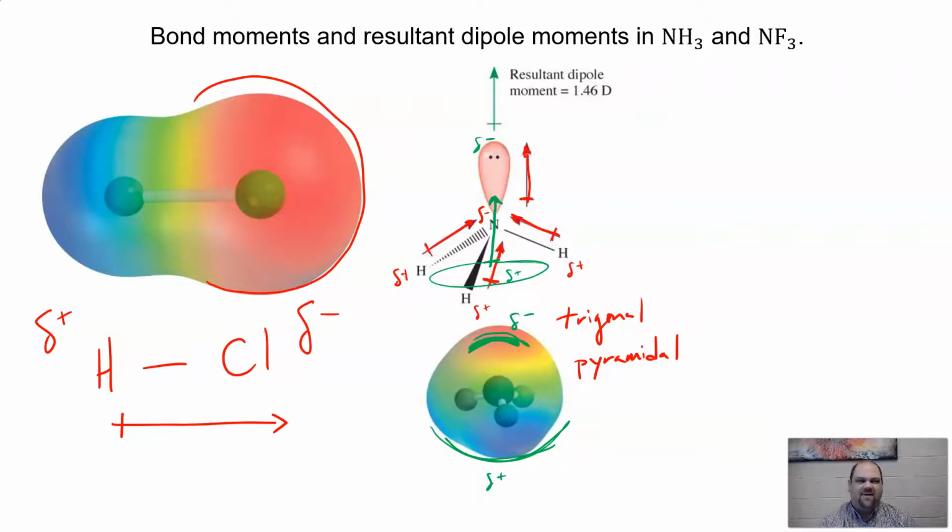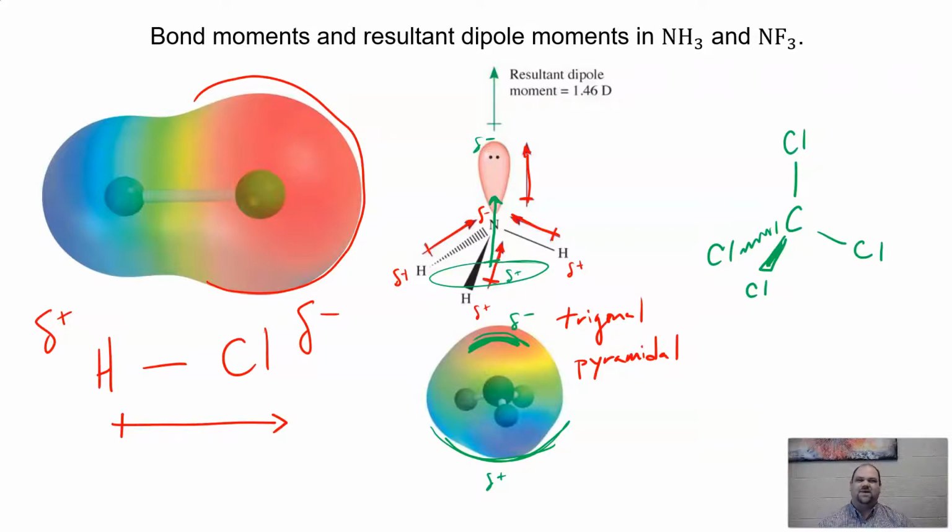Now, if we have a compound, I'm going to use carbon tetrachloride as an example. Carbon tetrachloride has a very similar structure to ammonia. Right? We just replace that lone pair with a chlorine. And so there is carbon tetrachloride.